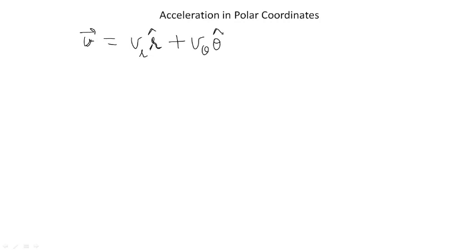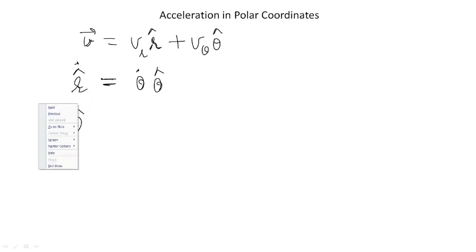You also know that your unit vector r dot is equal to theta dot unit vector theta, and unit vector theta dot is equal to minus theta dot unit vector r.